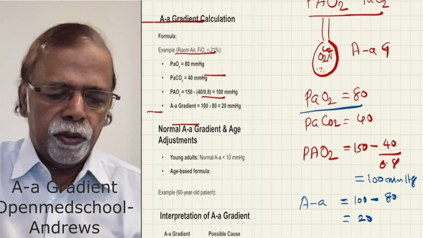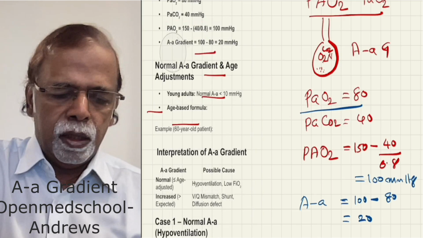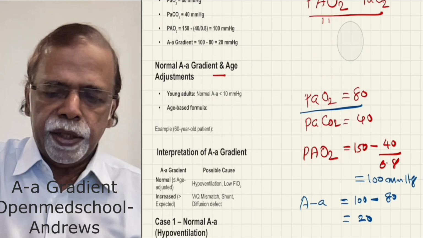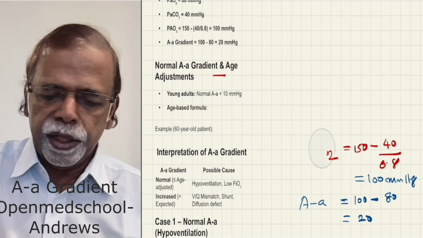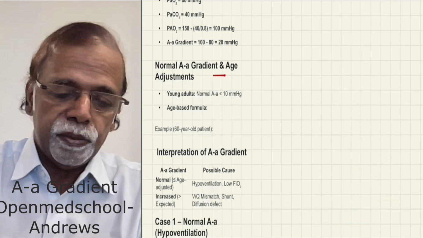So again, I have already mentioned that the normal AA gradient, that is the alveolar arterial gradient, depends upon many factors. One among them, very important, is the age of the patient.